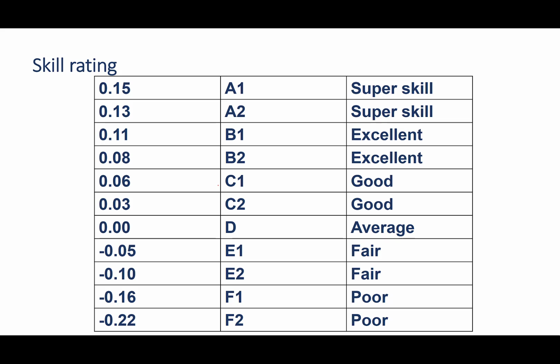So skill rating is given, like whether the skill of the worker is super skill or poorly skilled. Based on that, different ratings are given, from very poor, minus 0.22, to plus 0.15.